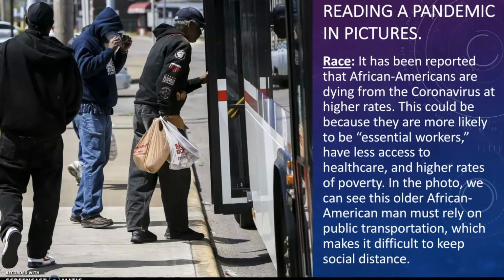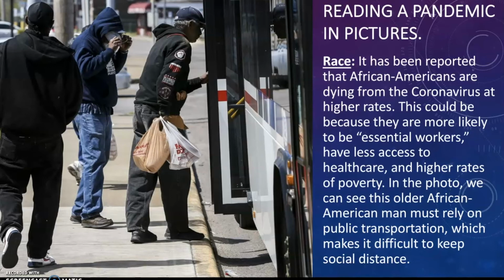Take a look at this next picture. I can read this picture through the lens of race. It has been reported that African Americans are dying from coronavirus at higher rates. This could be because they are more likely to be essential workers, have less access to healthcare, and higher rates of poverty. In the photo, we can see the older African American man who is more susceptible to the virus.